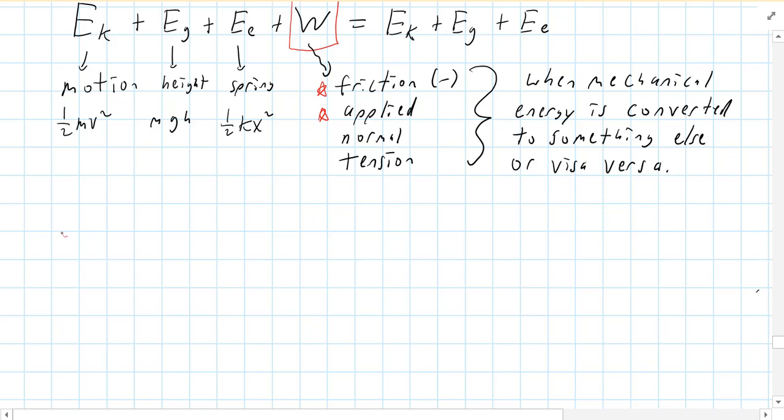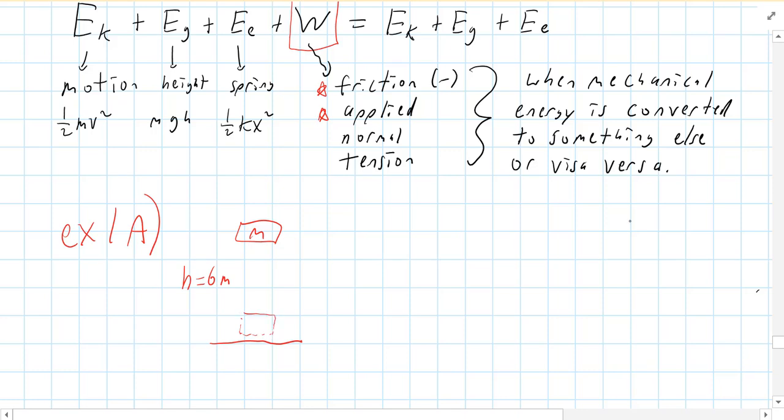So first example, and we'll call this example 1A. This is an example we did previously where you had a book with a mass, and we dropped it from a height of 6 meters. We used conservation of energy to calculate how fast the book was going right before it hit the ground.